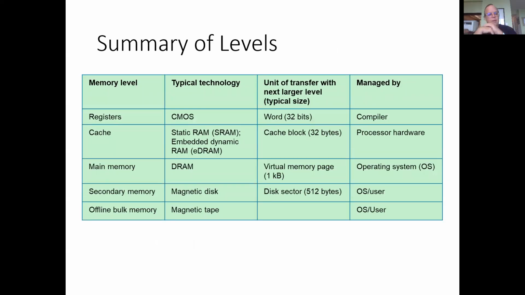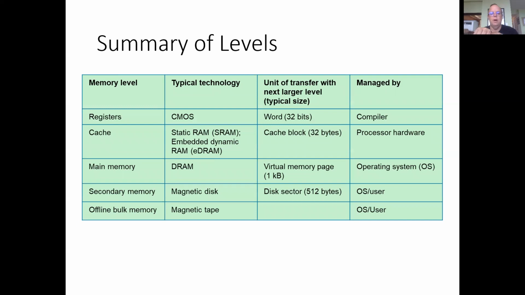So in terms of a summary of levels, you have the registers, which are CMOS technology. The unit of transfer is the word, 32 bits, managed by the compiler. The cache is static RAM or embedded dynamic RAM, EDRAM.